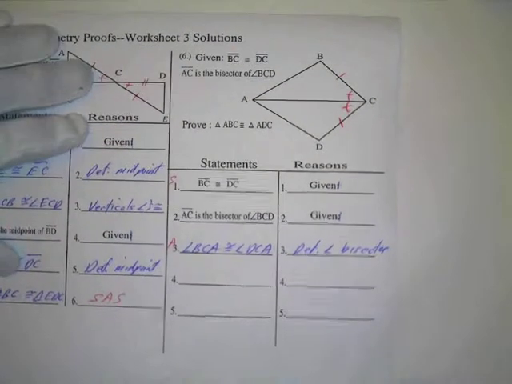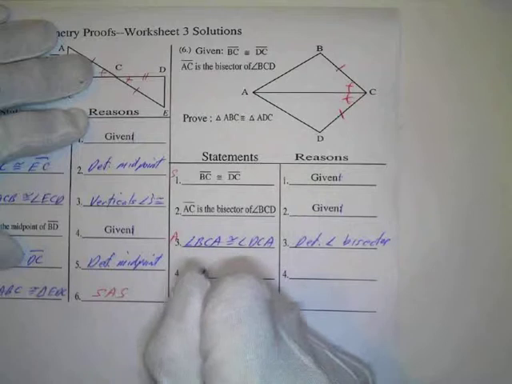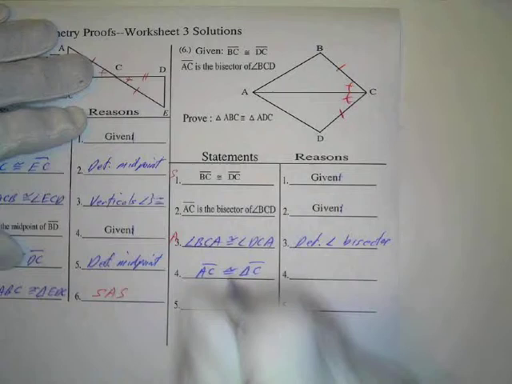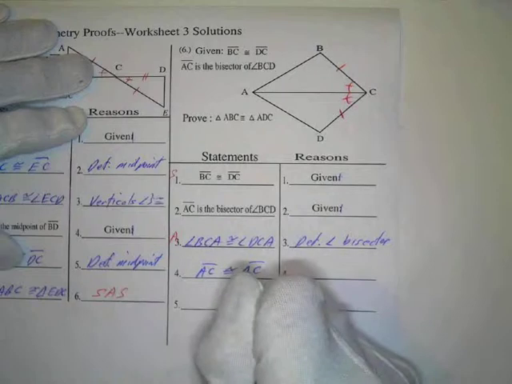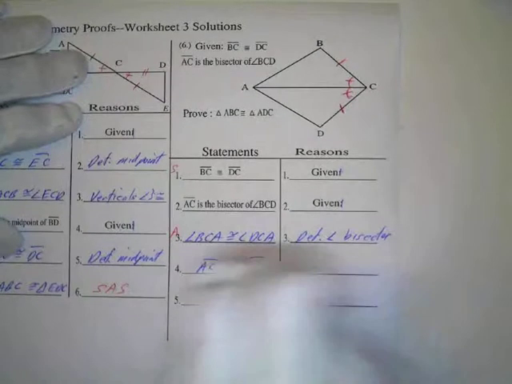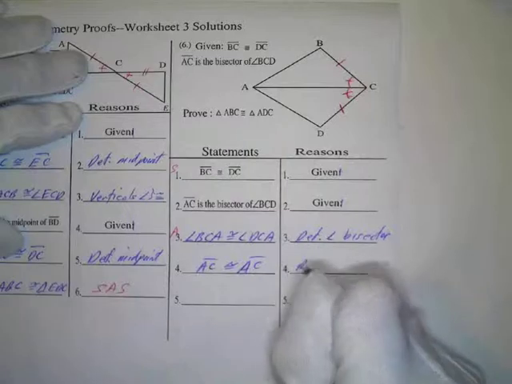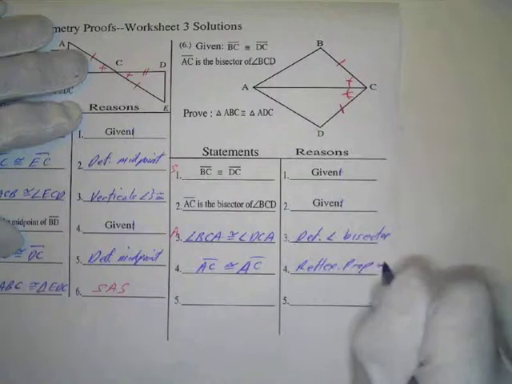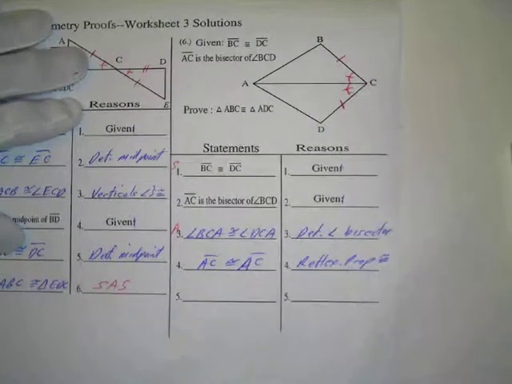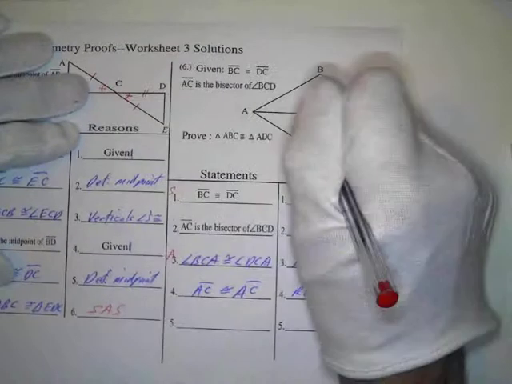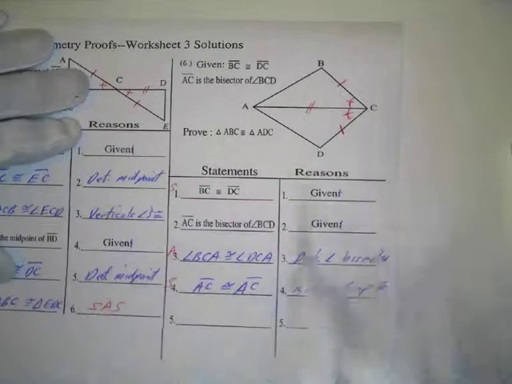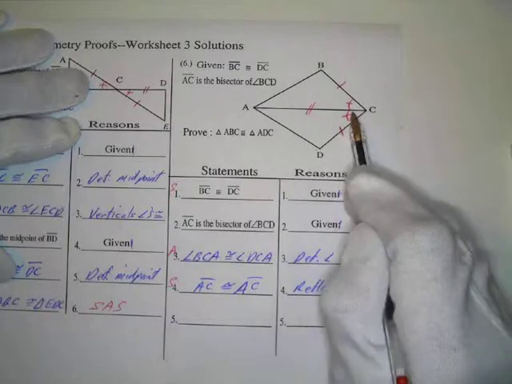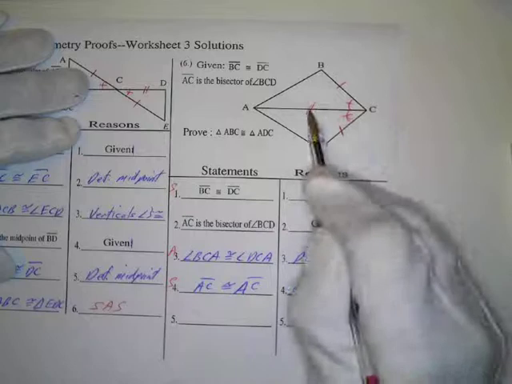So I can say that AC is congruent to AC, and that's just the reflexive property of congruence, and that gives me my side. I'll mark that with 2 marks here. So it looks like I've got side, angle, side.